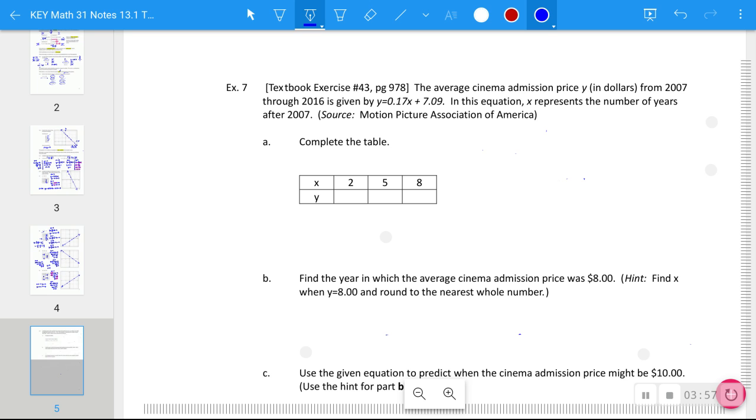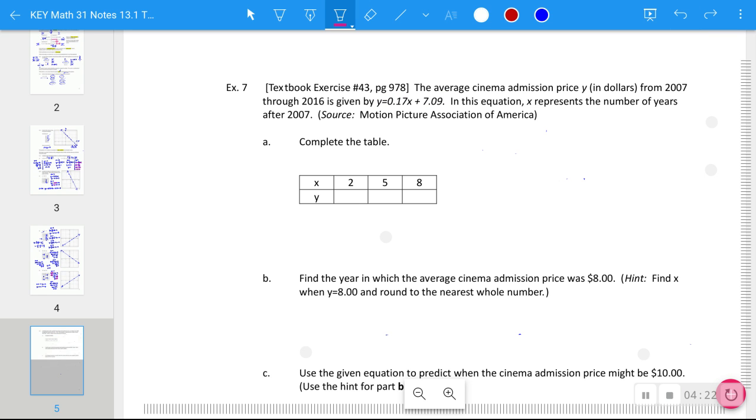Okay, this example comes from the textbook, and you're going to be doing one similar to this on your homework. It says the average cinema or movie admission price, y, in dollars, from the year 2007 to 2016 is given by the formula. Here's the formula we're going to be using.